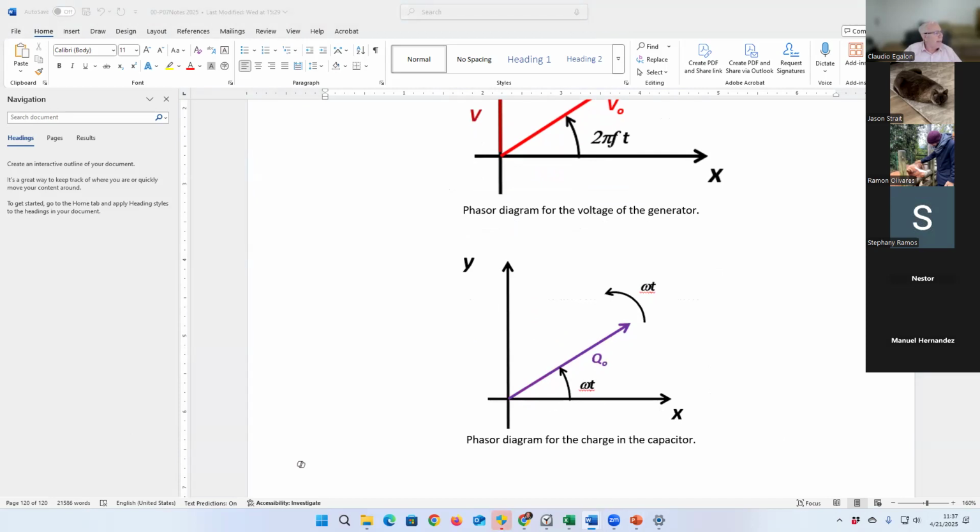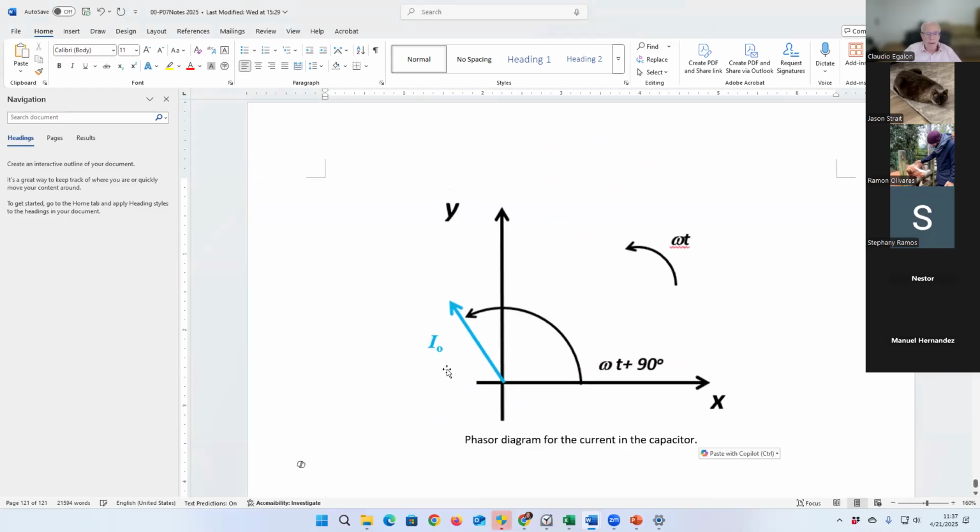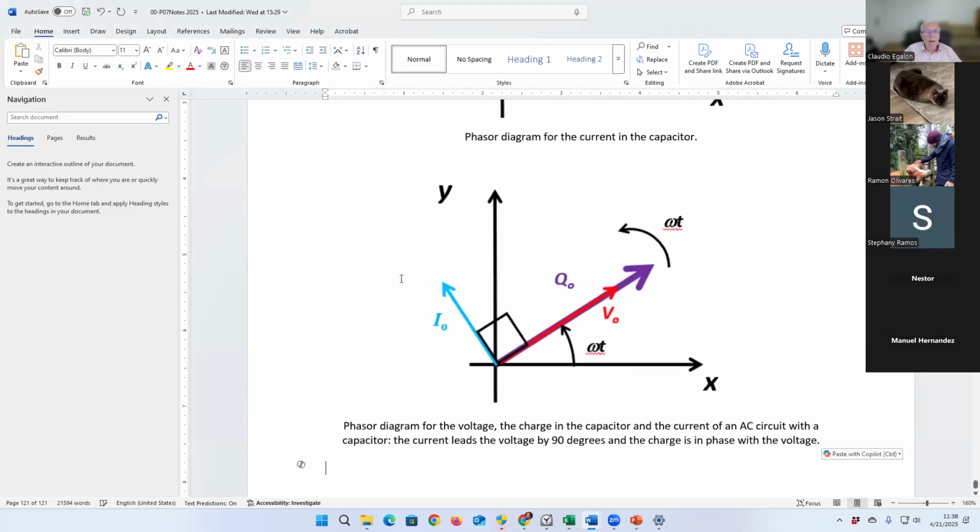The current is going to be leading by an angle of 90 degrees: omega t plus 90 degrees. Let's see if I can put the, yeah. And now I can combine all those three phasors into a single diagram like that. This one is for the charge, the red is for the voltage, and the blue is for the current. There is a 90-degree angle between those two. Can you remember that? Okay.